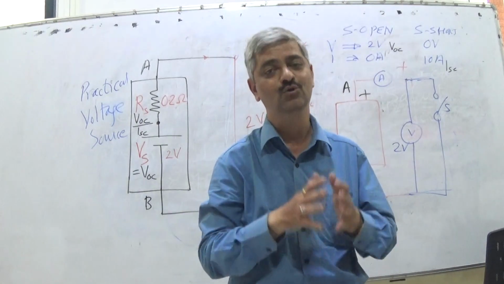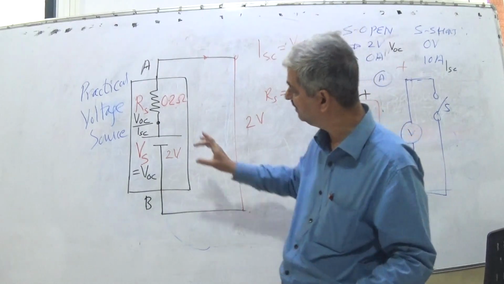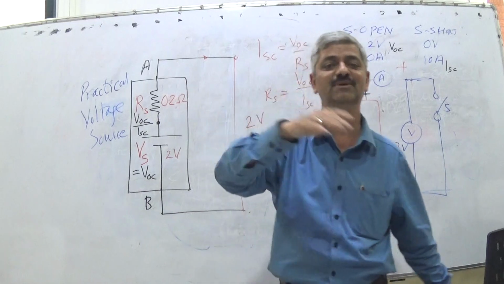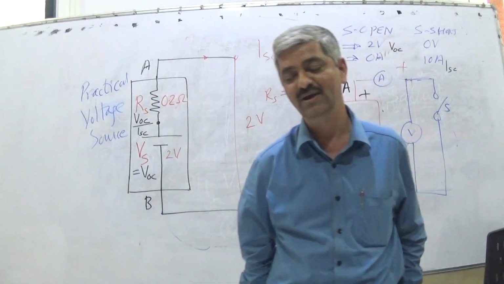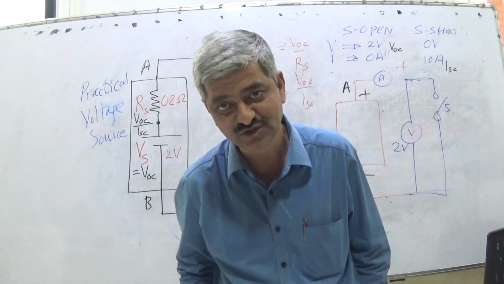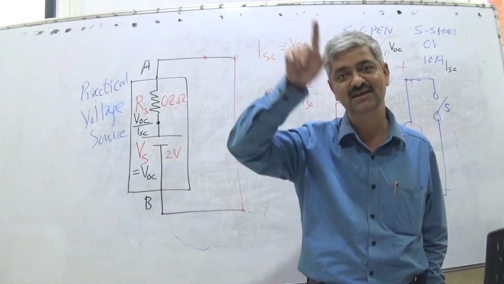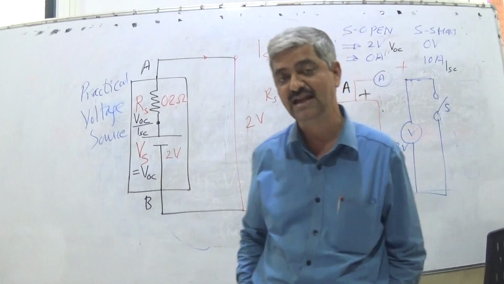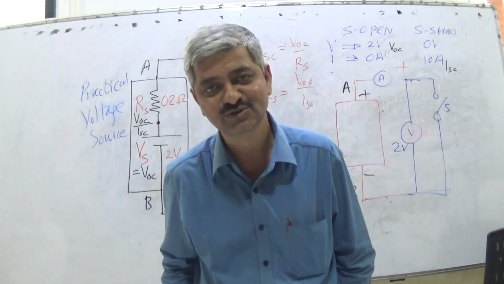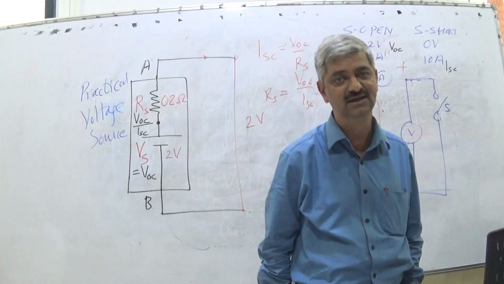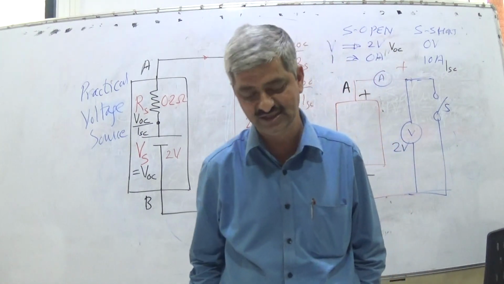A good battery cell has a voltage of 1.5 volts and an internal resistance that is very negligible, around 0.1 ohm. When the battery cell exhausts, the voltage doesn't change, but the internal resistance changes and becomes a few kilo ohms. So the maximum current which it can supply is changed.